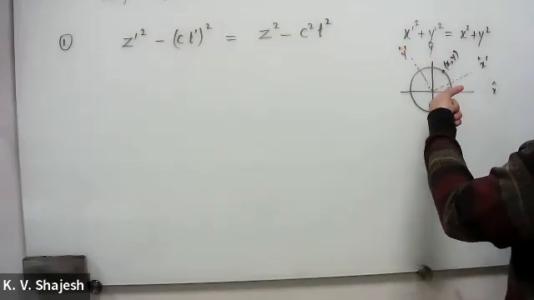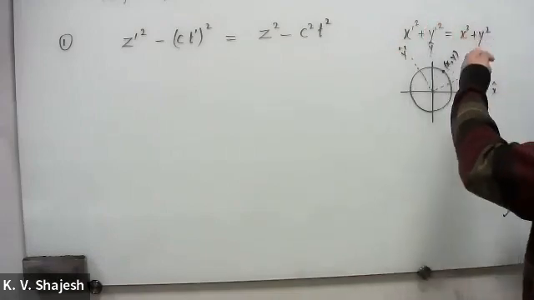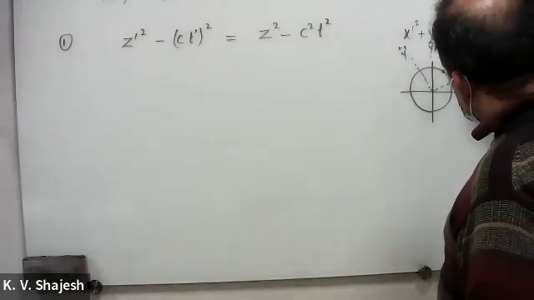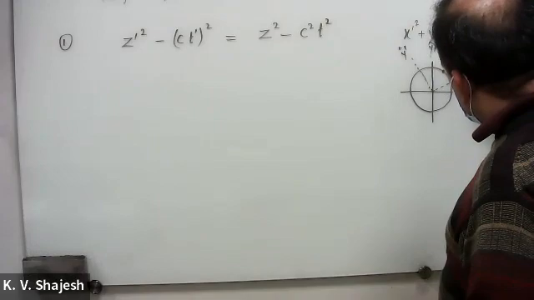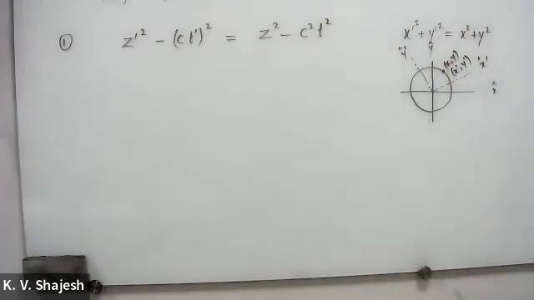Instead of saying that my axis has moved, I can say that my coordinate has moved in the opposite direction, right? That's another way of looking at it. So in the new frame, the same point will have x prime, y prime. Is that clear? Okay.